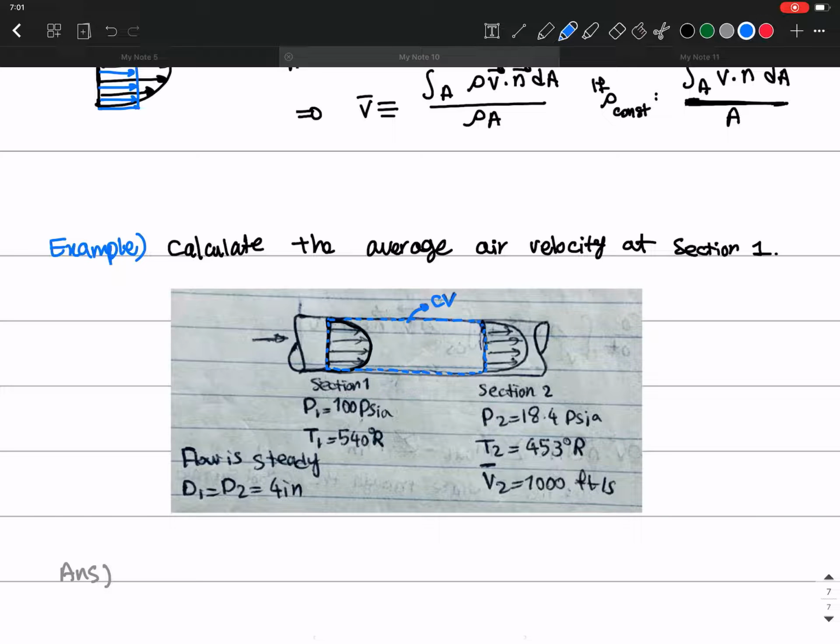You select the control volume that contains the information of both given data. So this control volume should have section 1 data and also section 2 data. So that's why I draw it from here to here. Okay.